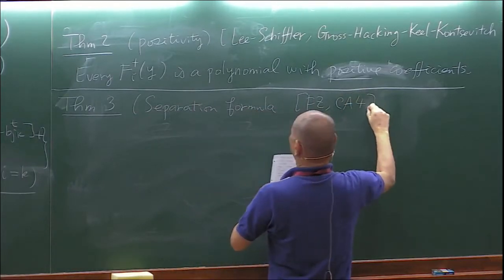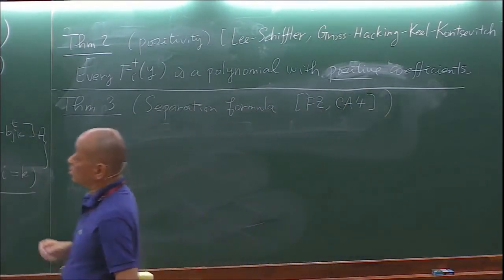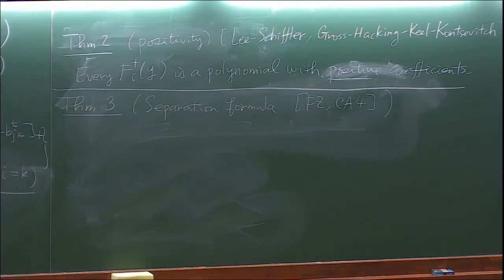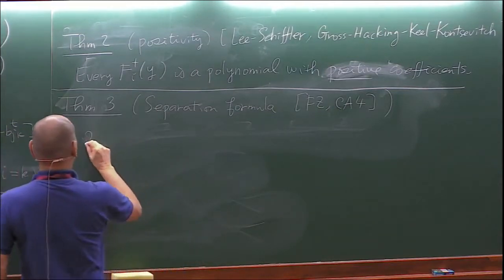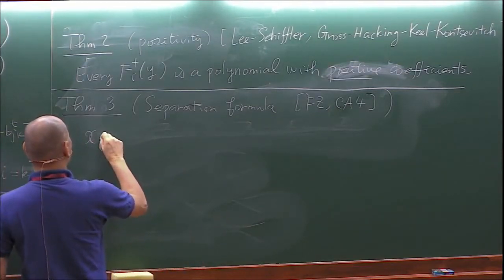The statement is as follows: those x_{i;t}, y_{i;t} are expressed by this data and also B_t, using these C, G, and F things. So it's a kind of factorization formula, I would say.